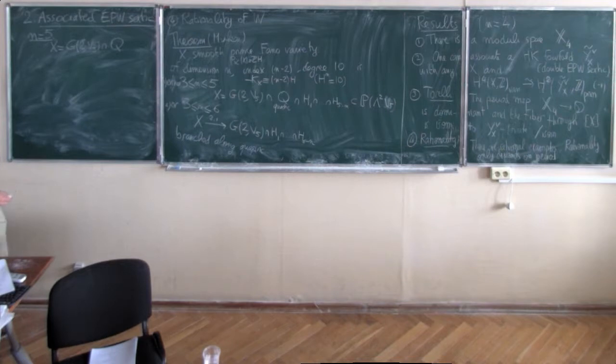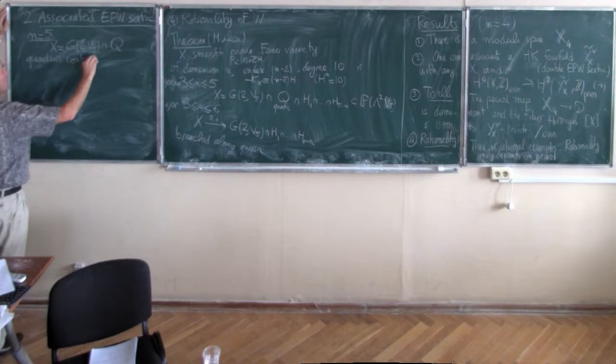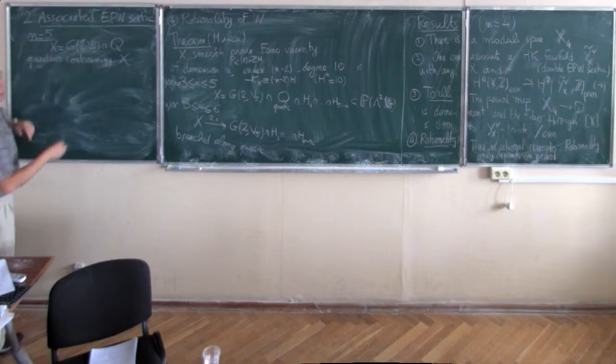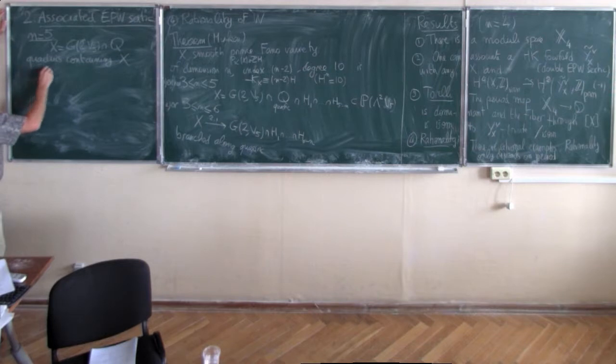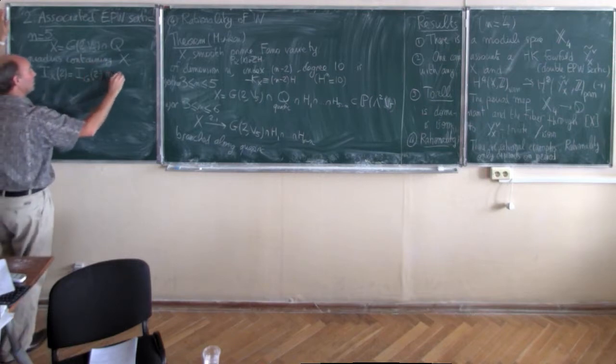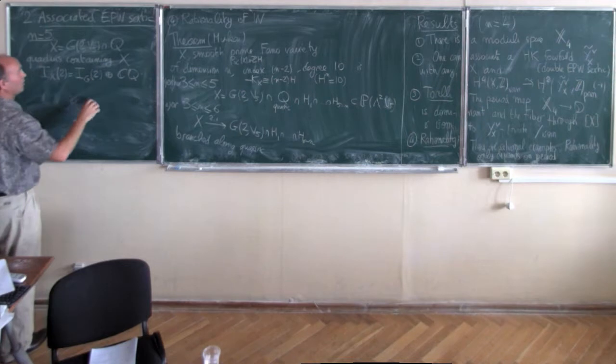So I want to look at the vector space of quadrics containing X. Since this is a complete intersection of a Grassmannian and a quadric, it's not difficult to see that this vector space, which I'll write as I_X(2), is the direct sum of the space of quadrics containing the Grassmannian, which I abbreviate as G, plus this quadric.